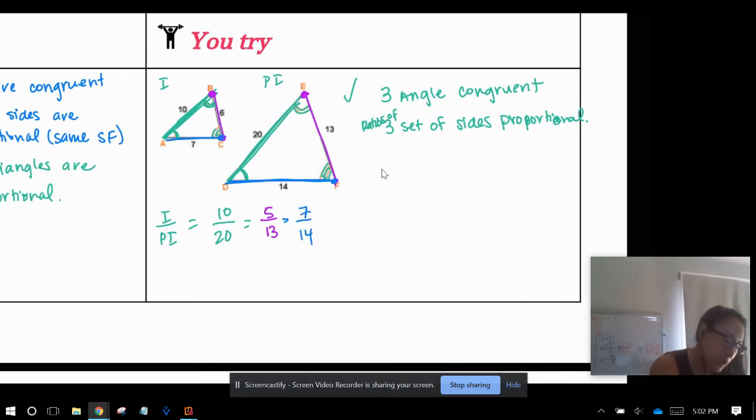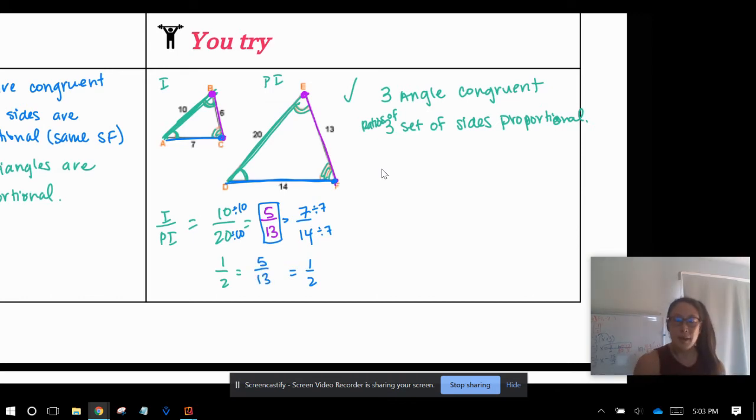Okay, so 10 divided by 10 and 20 divided by 10 is 1/2. I'm going to move on to the blue. 7 divided by 7 and 14 divided by 7, so that is 1/2. It looks like I don't have anything that divides out of 5 and 13, so I have 5 over 13.